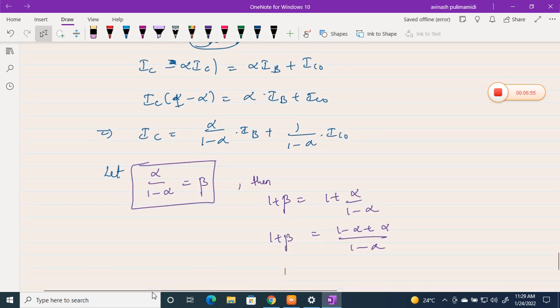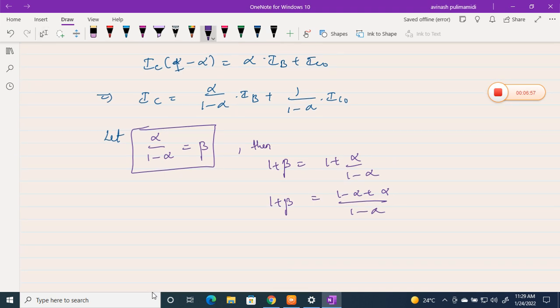So 1 plus beta is equal to 1 by 1 minus alpha. So we can replace 1 by 1 minus alpha with 1 plus beta. Can we write like that?